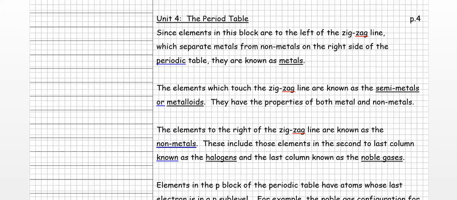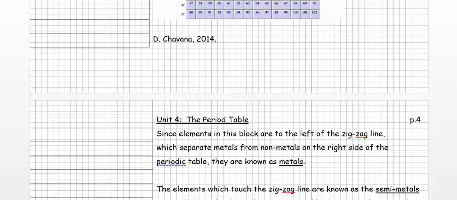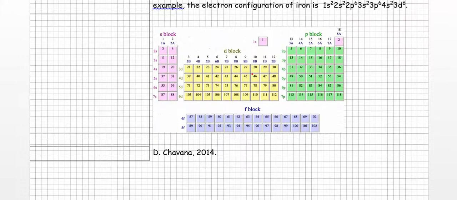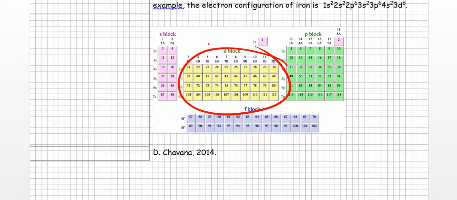So if we're in this area here of the periodic table, we're going to call these the transition metals. They're in the D block, right? The transition metals are on the D block, and they're to the left of the zigzag line that we talked about last time. That zigzag line goes something like this, and we'll talk more about it later.